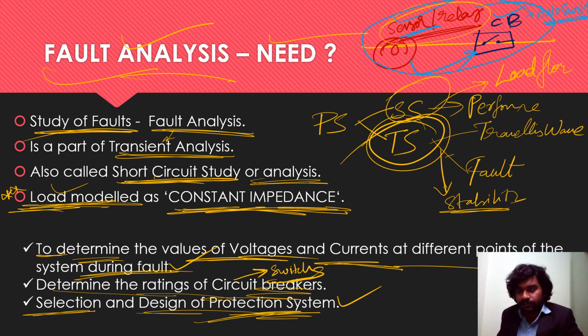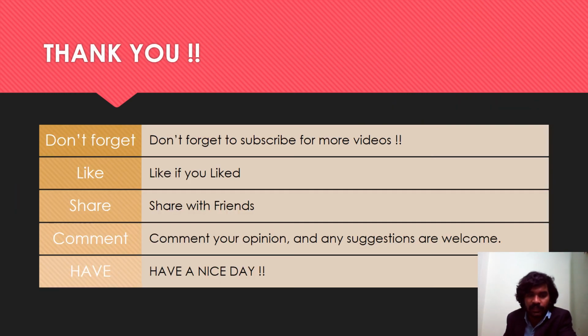The combination of sensor or relay with circuit breaker is what is called switchgear. So you study switchgear and protection, how to protect a system, and the different schemes to protect different components of the power system, in a different lesson. However, prior to selection and designing of this protection system, you need fault analysis to be done definitely.